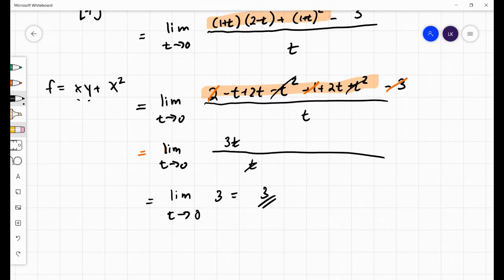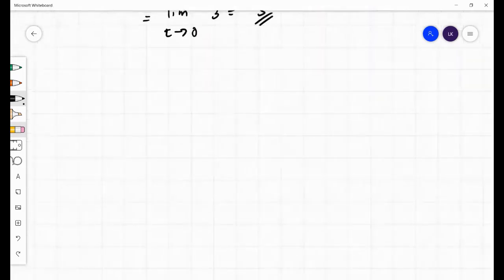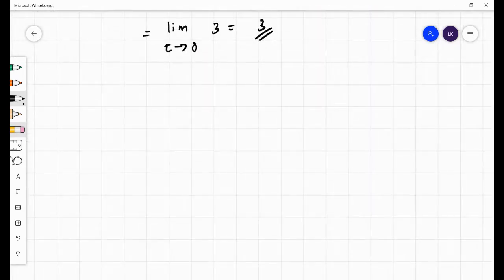All right, let's talk about this idea of a function being differentiable. That's not the same thing as saying the partial derivatives exist.